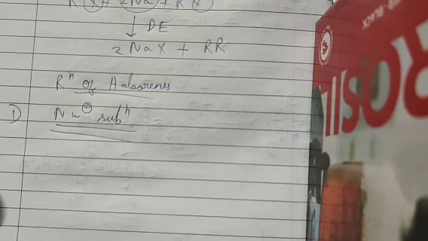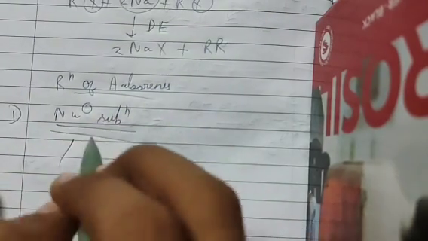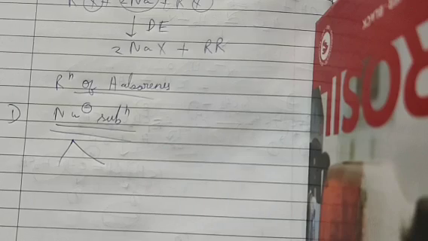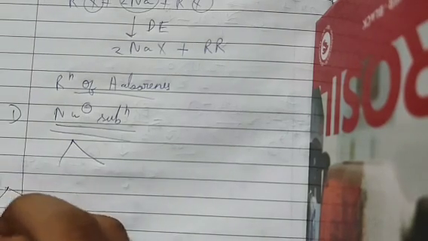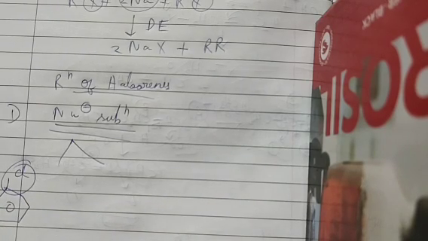Why? Due to resonance effect. Okay, first reason is resonance effect. Because they obtain a partial double bond character. See, this bond acquires a partial double bond character, then a nucleophile finds it difficult to get substituted. Next is difference in hybridization of carbon atom in C-X bond.